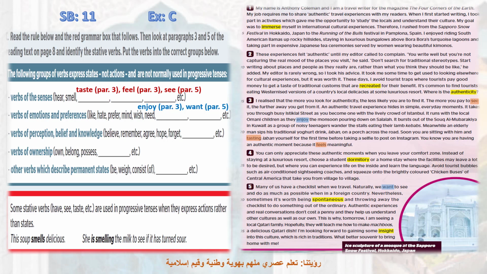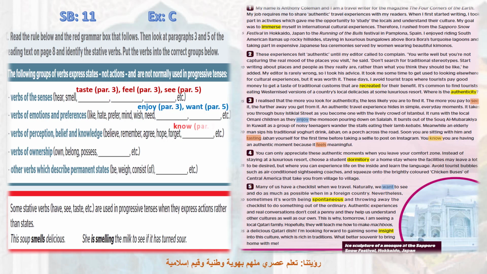Okay, let's move to the third type of stative verbs: verbs of perception, belief, and knowledge. For example, believe, remember, agree, hope, forget, and we have 1 missing verb. What is it? Yes, true.